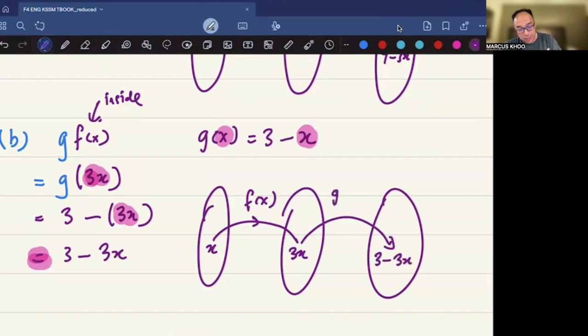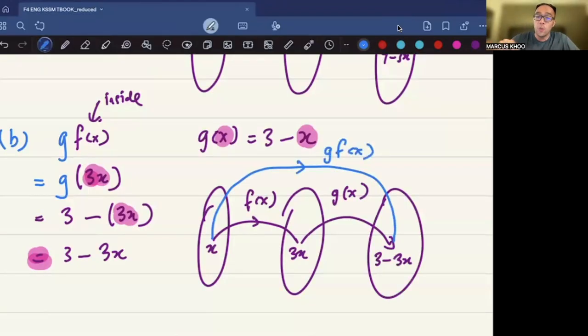This is g(x). When we combine both, jumping from the original, the first object, to the second image, you will get gf(x). This is what it means. When we run the x under two functions, first f and then g, we call this gf(x).